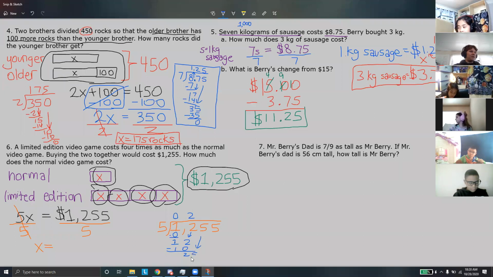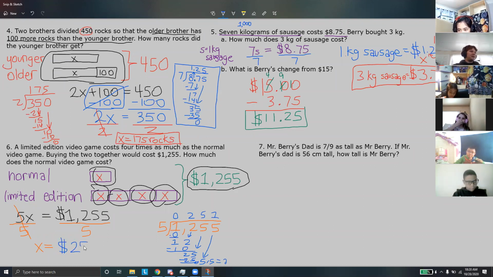Drop the 5. 5 goes into 25 5 times. 5 times 5 is 25. 25 minus 25 is 0. Drop the 5. 5 goes into 5 1 time. 5 minus 5 is 0. Okay. Perfect. And so we have x equals $251.